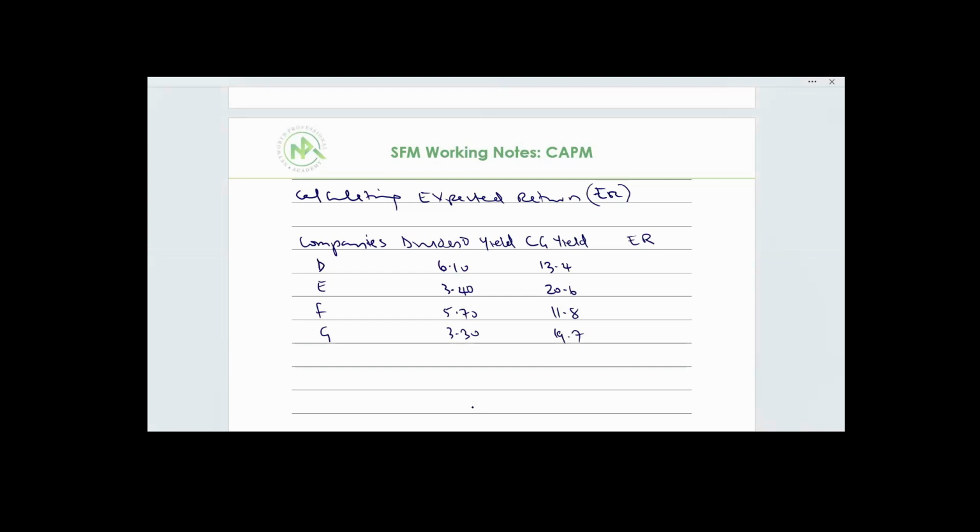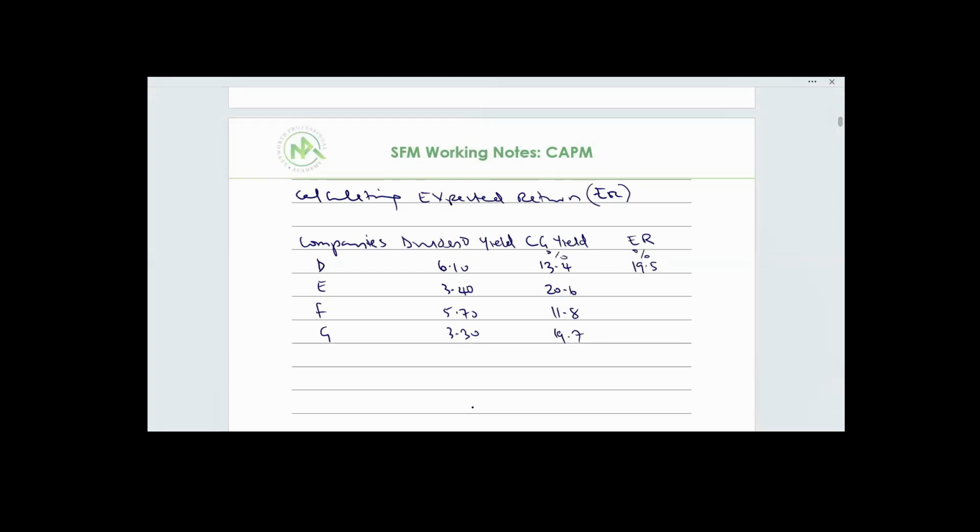So add the two together. So I would then have 6.1 plus 13.4, that's 19.5%.